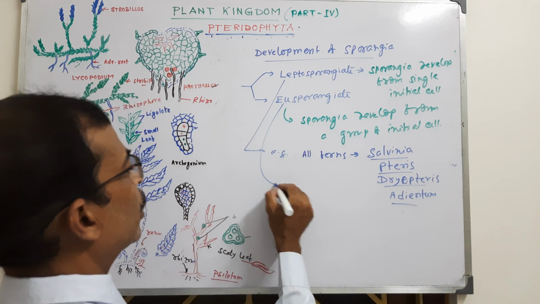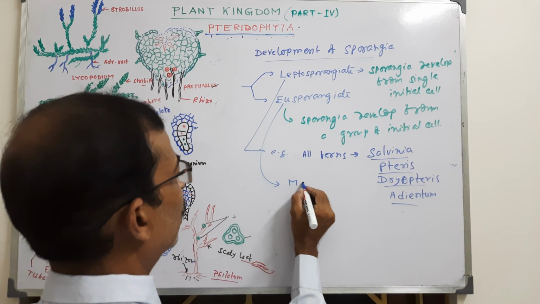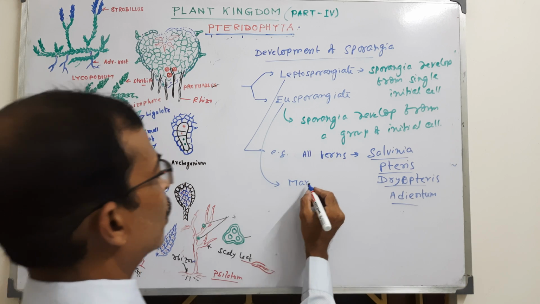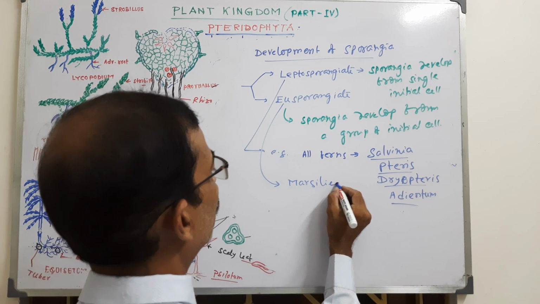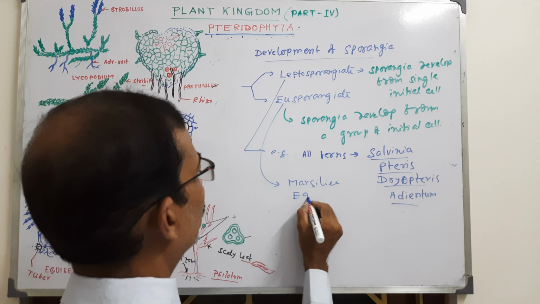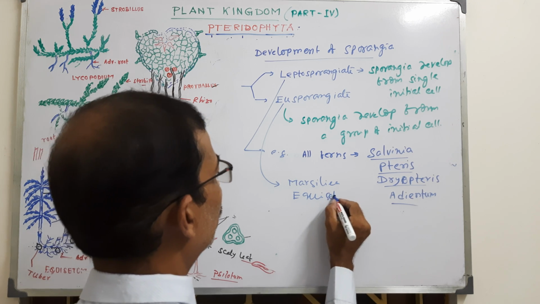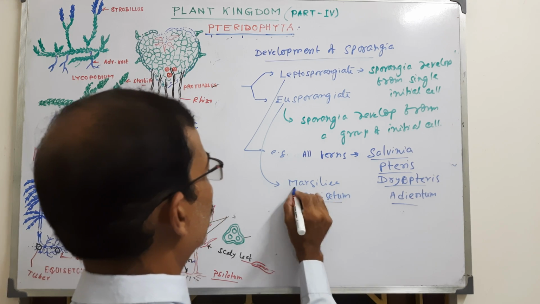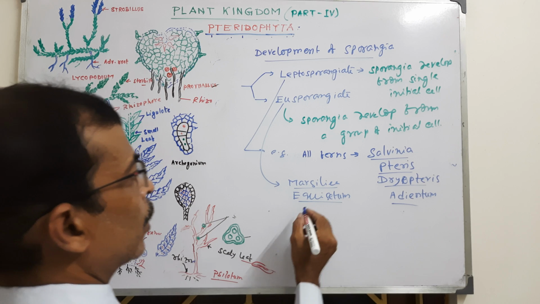And eusporangiate: Marsilea, Equisetum, etc., Selaginella.